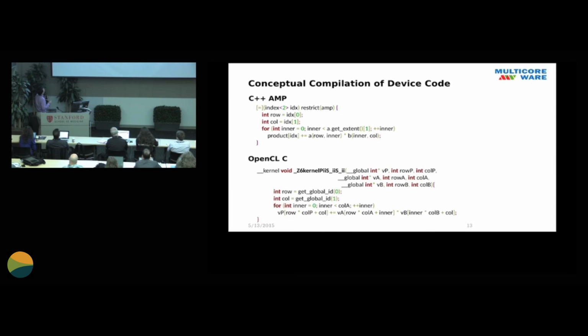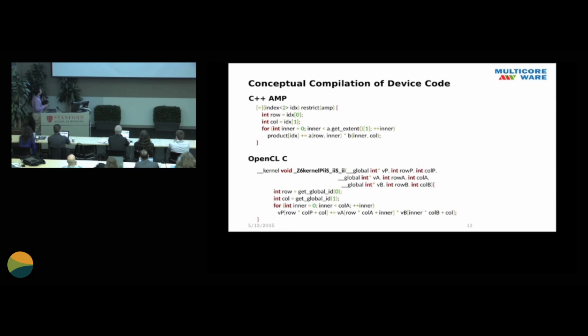For the inputs, matrix A, B, and product, they are array view objects. So the compiler will take these captured variables and flatten them out into kernel arguments here.